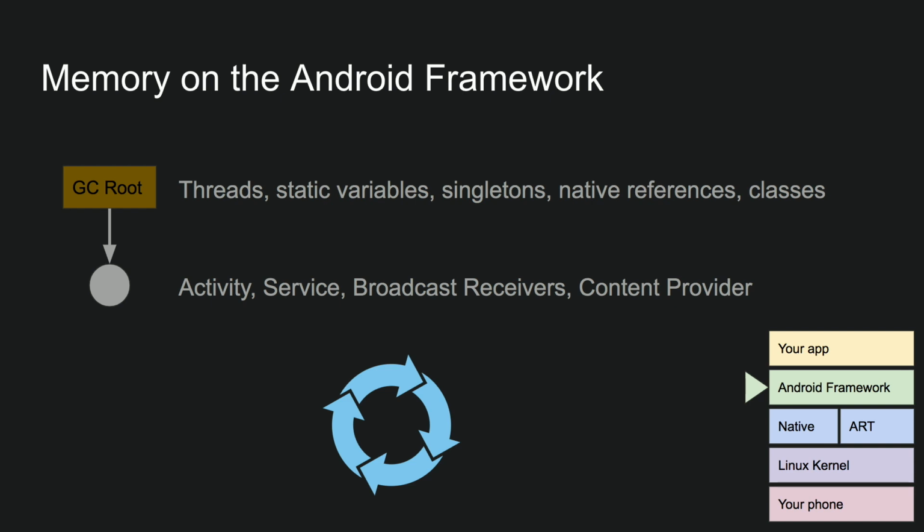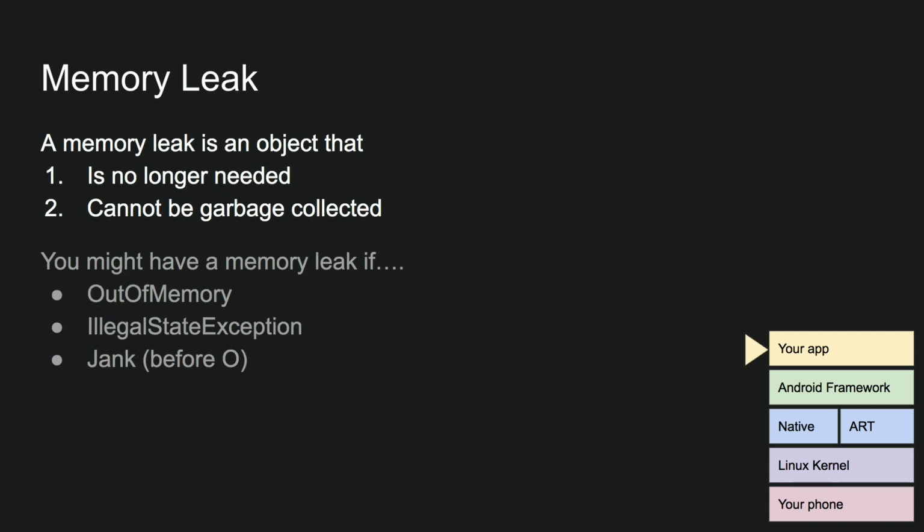So the Android framework team is guaranteeing that if I start an activity and then my activity is destroyed, that activity is going to be garbage collected and we will not have a memory leak unless you write it into your code.